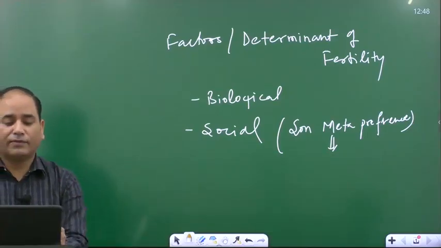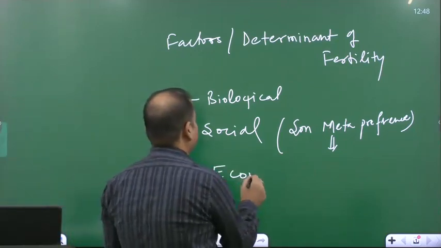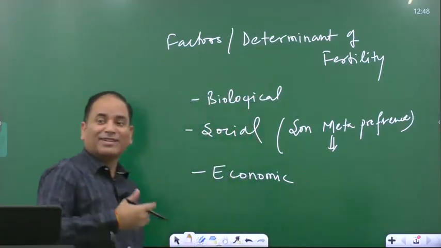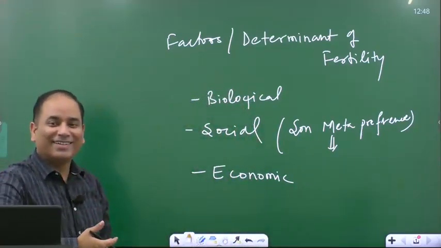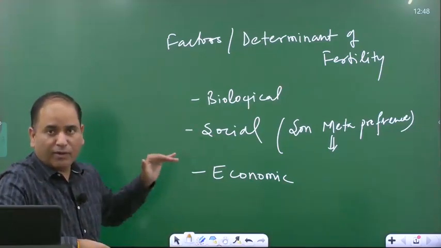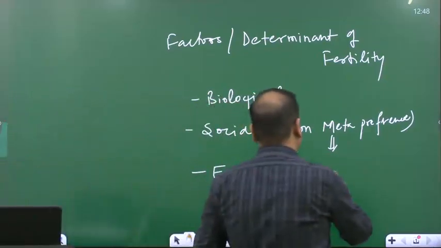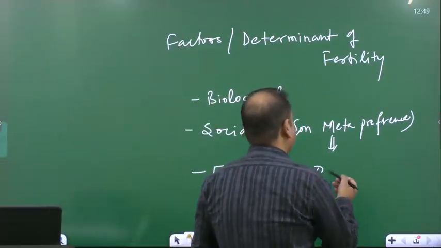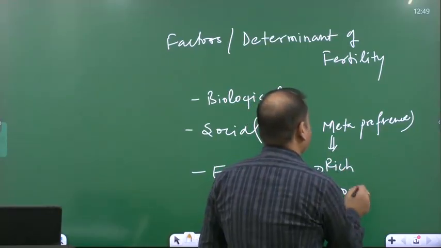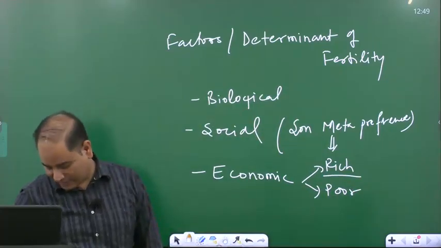Then you will also have factors like, other than the social, the economic factor. No, ये social में लिख सकते हो आप. Economic is like rich and poor. So here you can talk about, आगे हम लोग पढ़ेंगे मार्क्स का आइडिया, तो वो यहाँ पे applicable है, rich and poor. Among the rich, you will find that their number of children will be less.